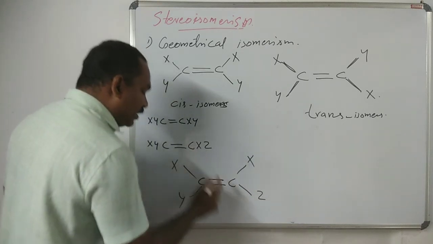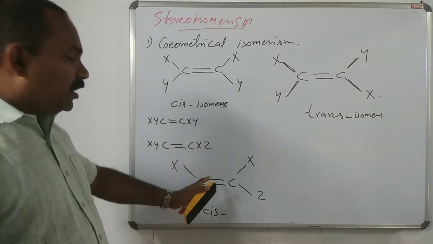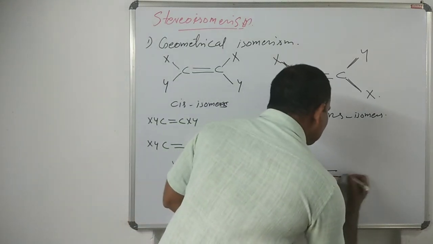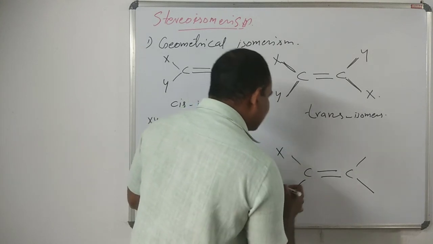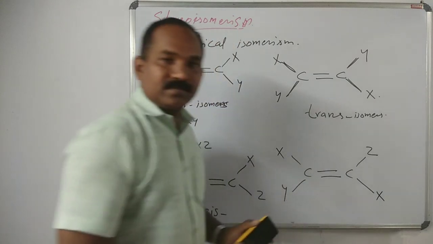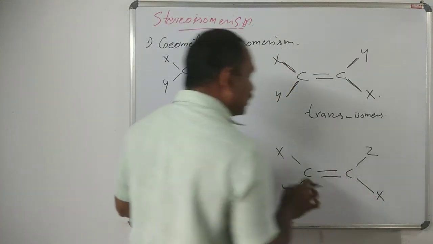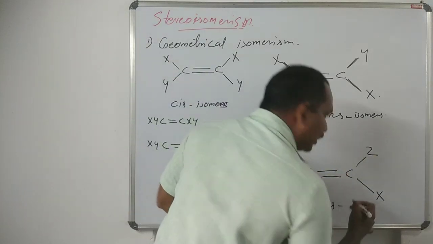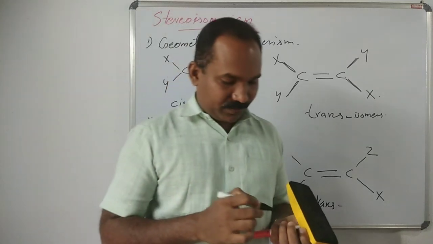The X group is on the same side, so it is a cis isomer. In another possibility, C double bond C with X, Y, then Z and X. Look at the X only. X atoms or groups are in the opposite direction. It is a trans isomer.